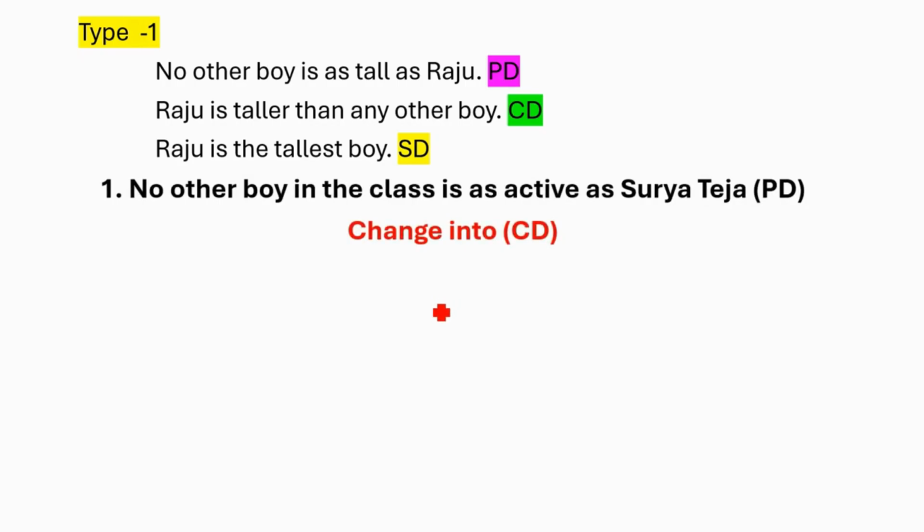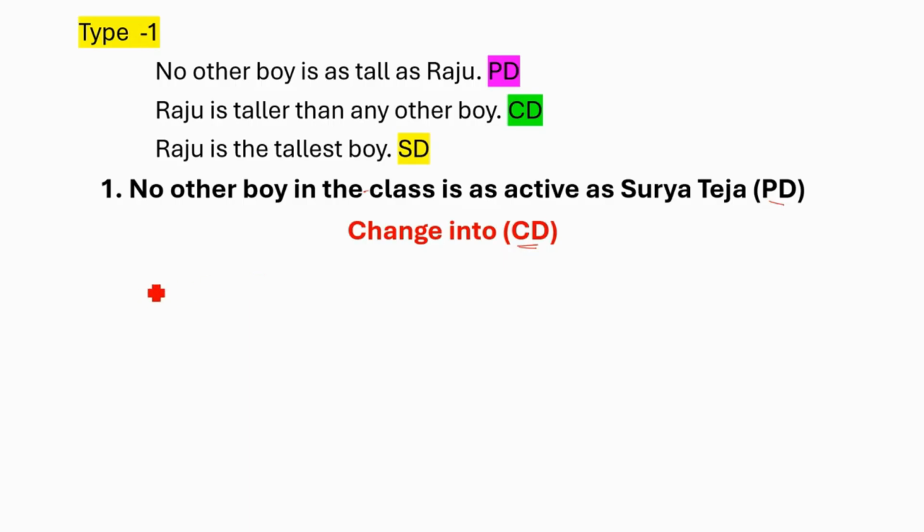Here, if the sentence starts with no other: no other boy in the class is as active as Surya Teja. The given sentence is a positive degree, and we will change it into the comparative degree.